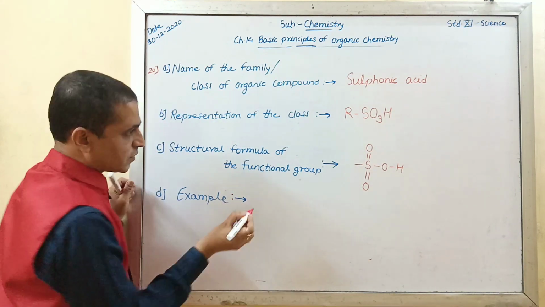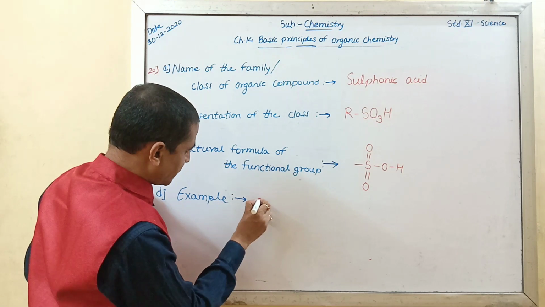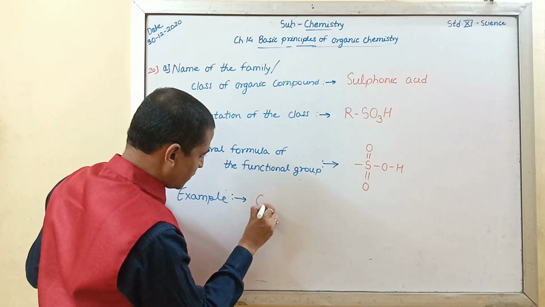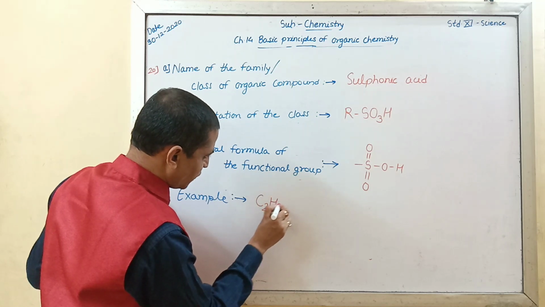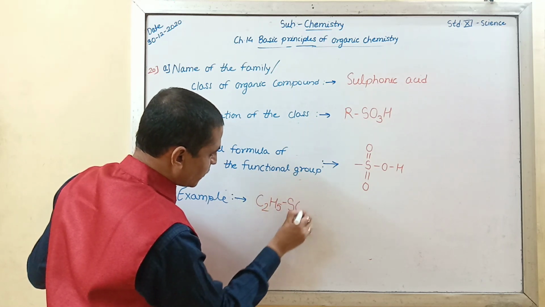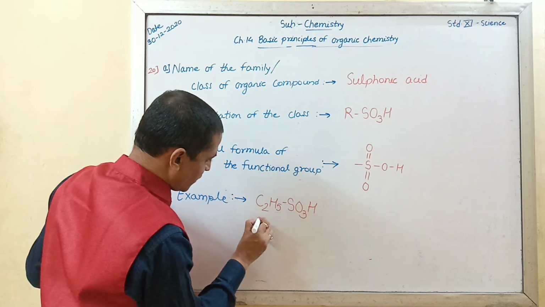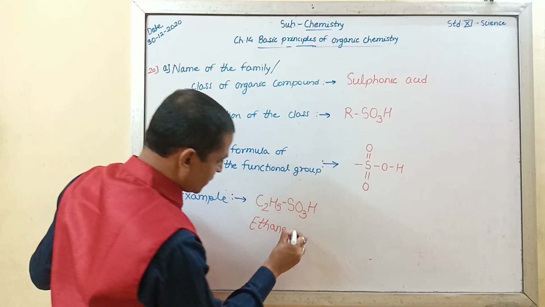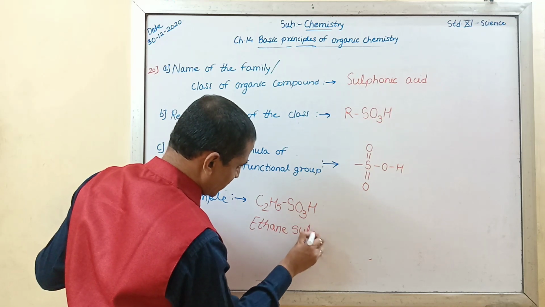The valence of sulfur is also 6. Now see the example. I am putting C2H5SO3H. Its name is not ethyl, it is ethane sulfonic acid.